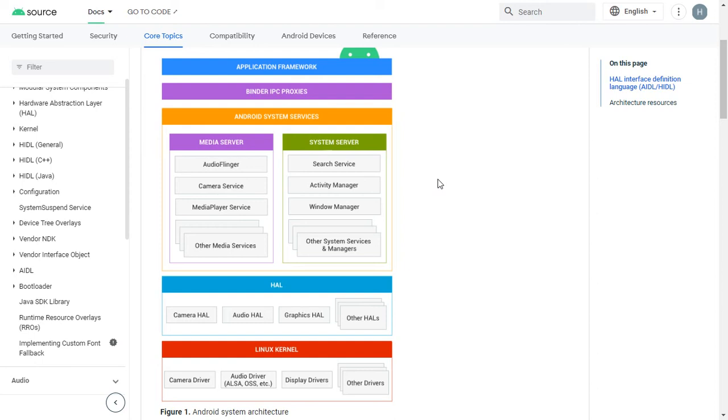Basically, we have broadly divided them into two categories: media server and system server. A media server contains the system services related to media, and any services other than media services come in the category of system server. Mostly, if you create a service, you will register it in the system server.